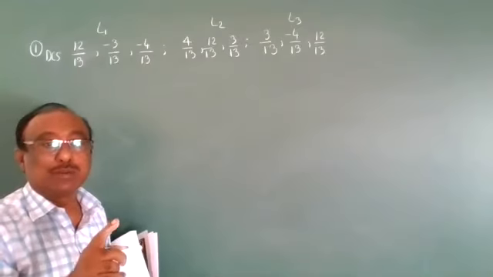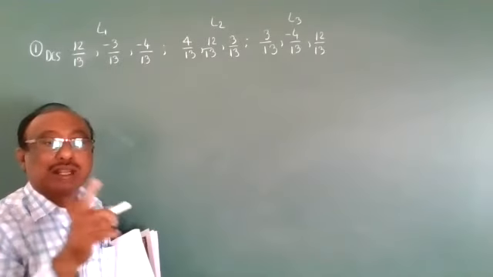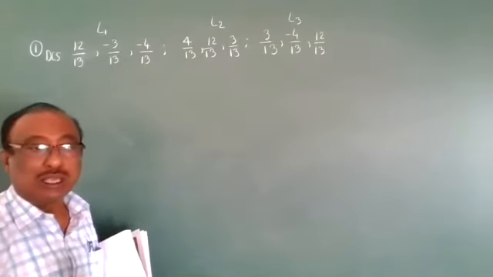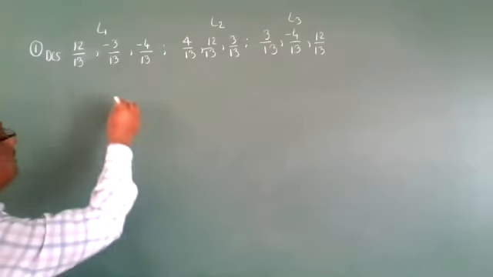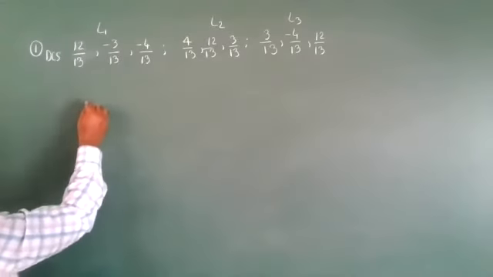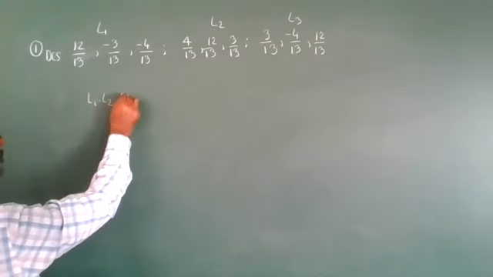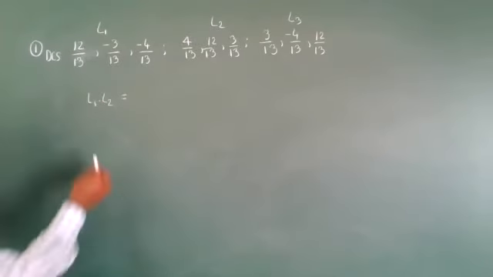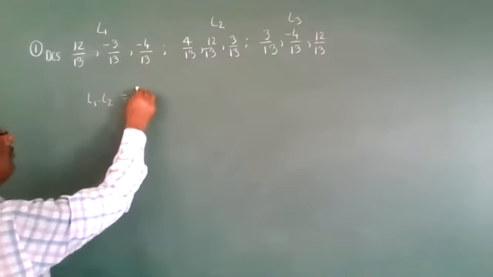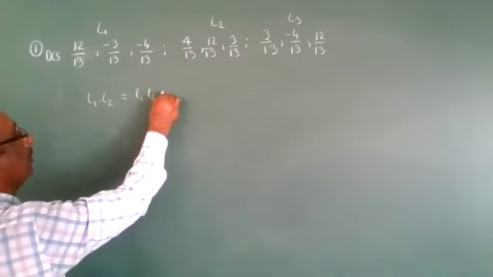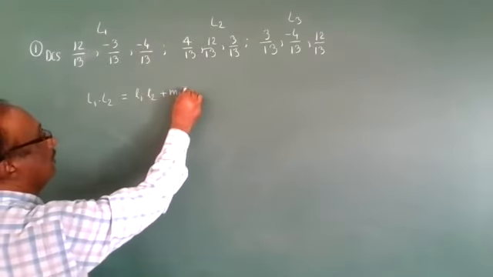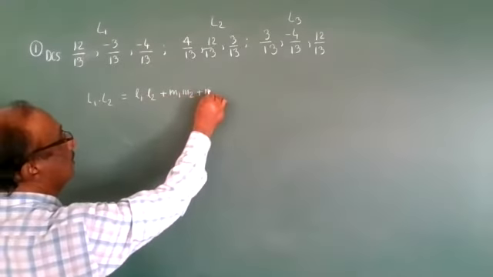If two lines are perpendicular, their dot product is equal to 0, A bar dot B bar. For the first line and second line we apply the dot product: L1 L2 plus M1 M2 plus N1 N2.